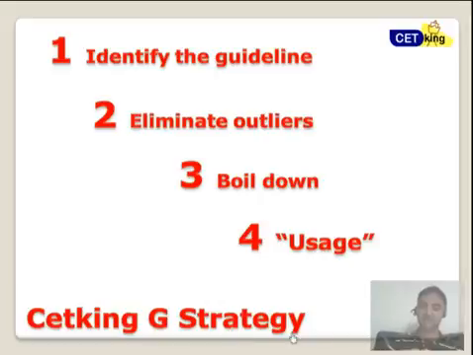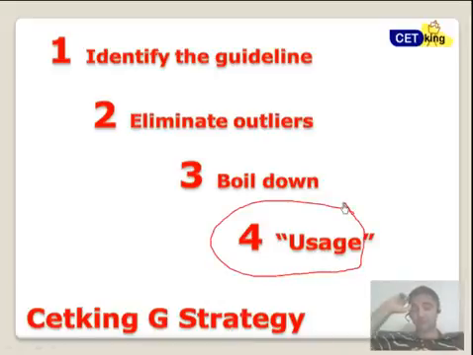This is your main part where usage comes into the picture. And trust me, if you're not doing the usage part, you are bound to get your question wrong. I'm not going to detail the G strategy in this video, but it is a very important strategy to follow. All my next 10 videos are based on this strategy.